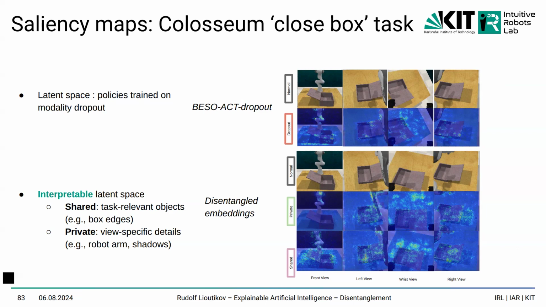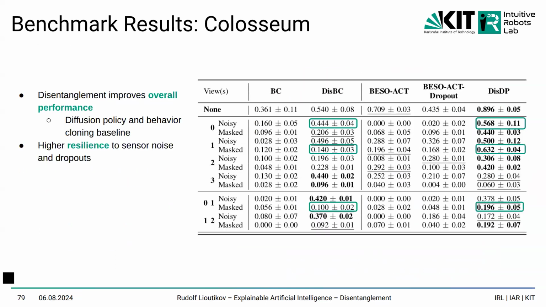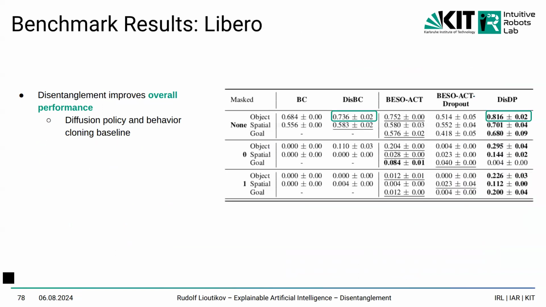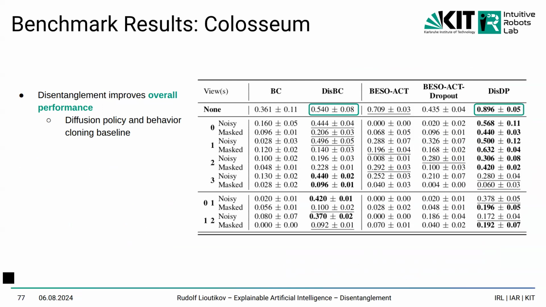So compared to a method that doesn't do this, even when the test data does not have any missing information, does this improve the performance? These would be these evaluations, where you have masked none, or here also views none, and yes, it does, right?